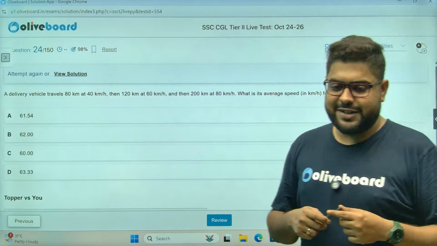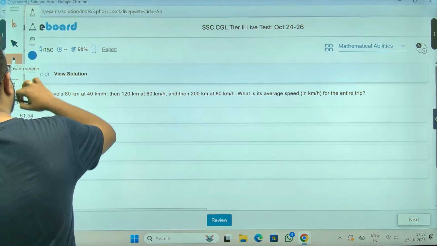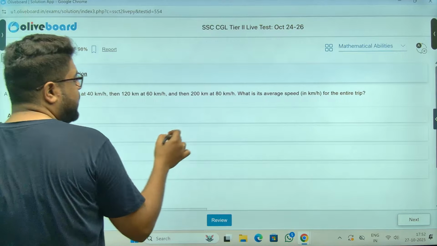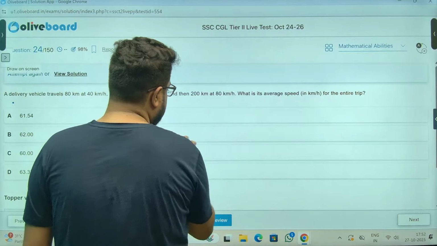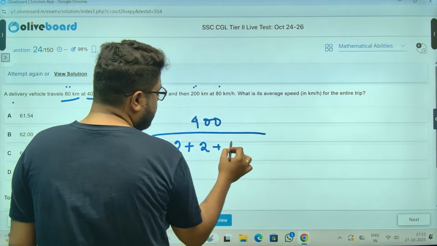Chalo, now delivery vehicle average speed, sir. Average speed deals with total distance by total time. So total distance is 80, 120, 200, 200, 400. For time, sir, 40 kilometers, 80, sir, 2 hours. Distance by speed, 120 this, again 2 hours. 280, sir, 2.5 hours.